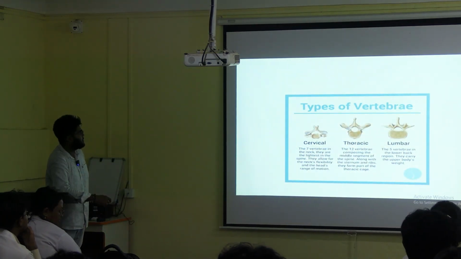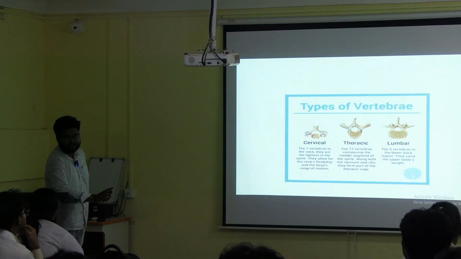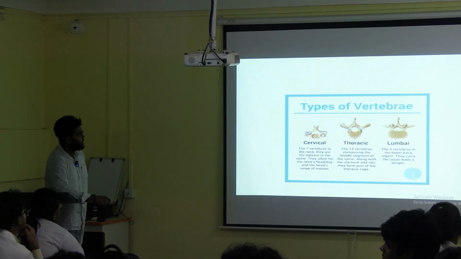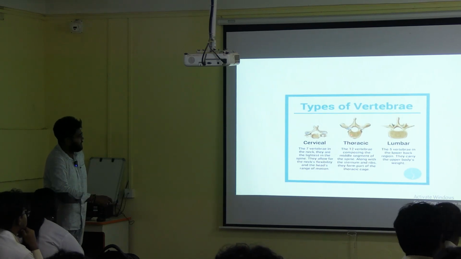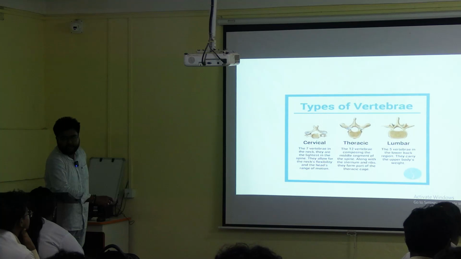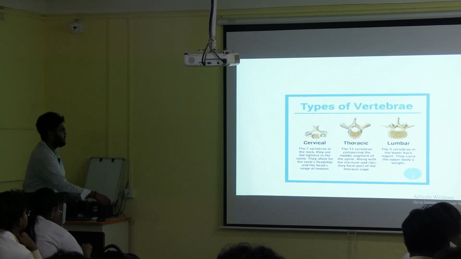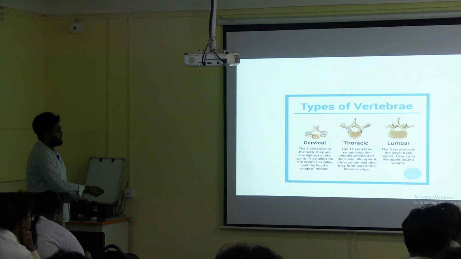First one is the foramen transversarium, which is present only in the cervical vertebra. Next the thoracic: here you can see the body is quite bigger as compared to the cervical and it is heart shaped, and in the lumbar vertebra it is kidney shaped. Next see the foramen.